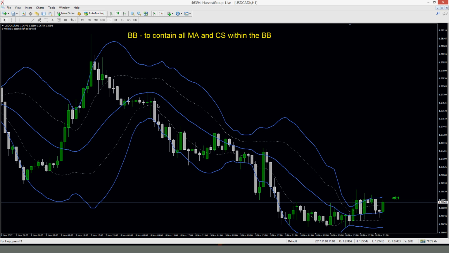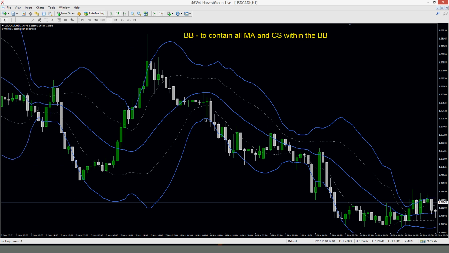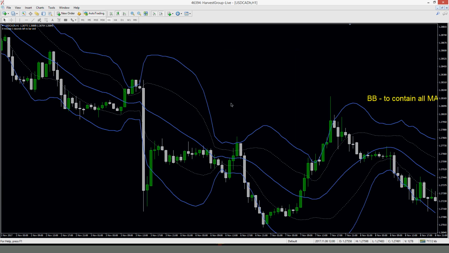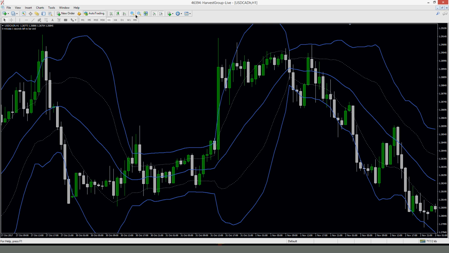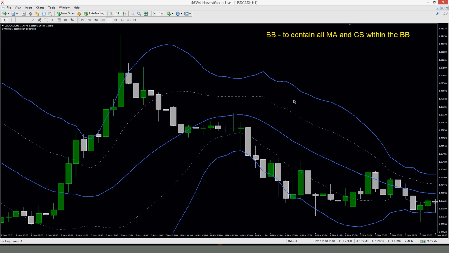Okay, so Bollinger Band, just a quick introduction over here. Let me just zoom in over here. Okay, so Bollinger Band has three basic lines, which are the middle BB, the one in the middle, top BB, and low BB.